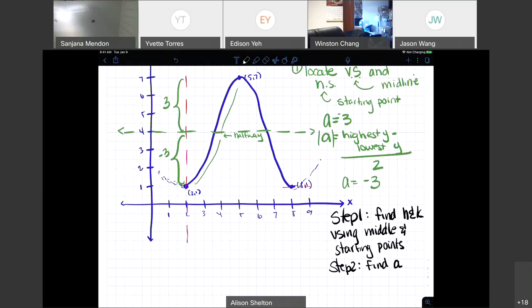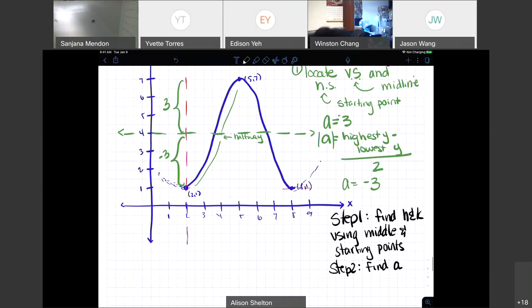We've done both of these steps already. So we find a by finding the distance from the top to the bottom point in the graph in terms of the y direction. Divide it by 2, and then we notice that it's upside down. So it's negative.